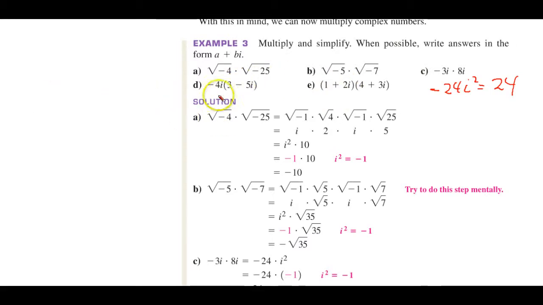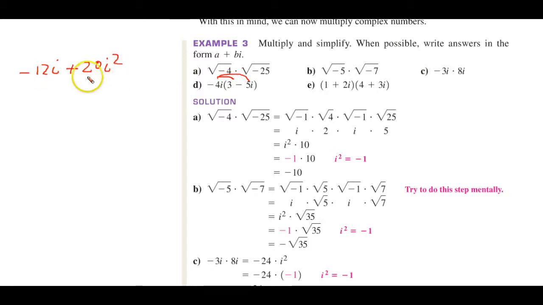Letter D, now we didn't do these with radicals before officially, but we're going to take a look at it now. We're going to distribute that and get a negative 12i. Distribute that and get a positive 20i squared.